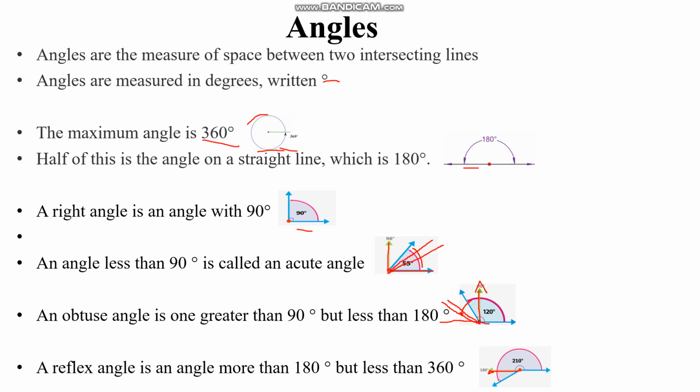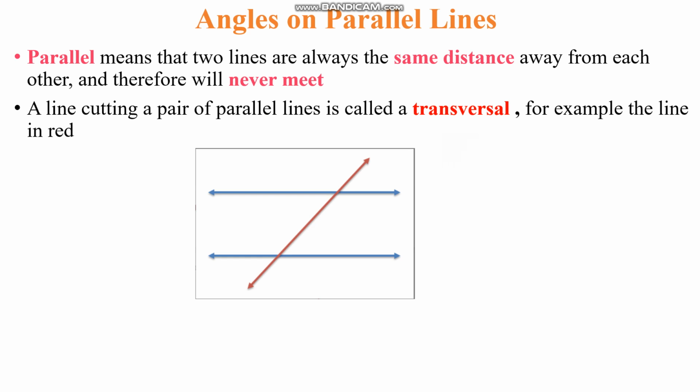So which means that a reflex angle can be anything that is greater than 180 degrees. So we can have 207, we can have 190, we can have 270 degrees here. All those are reflex angles. So now we'll look into angles on parallel lines.